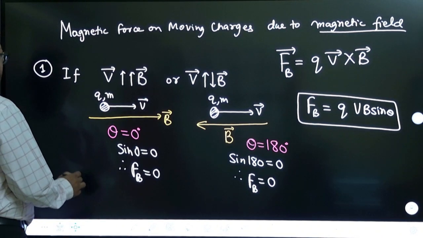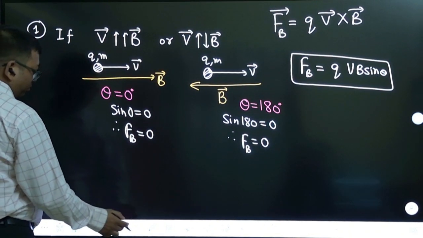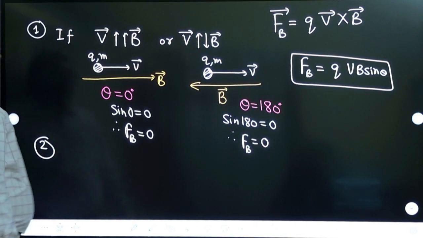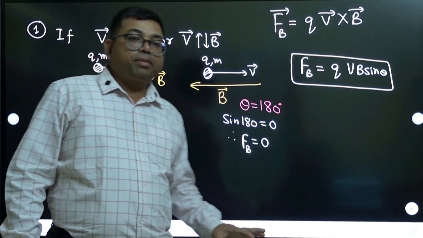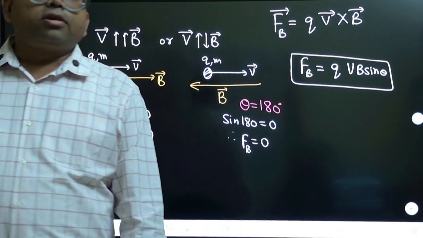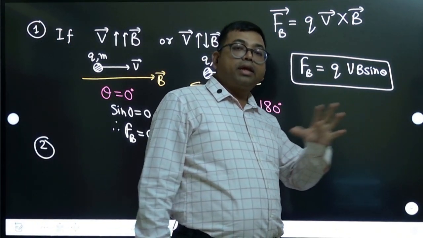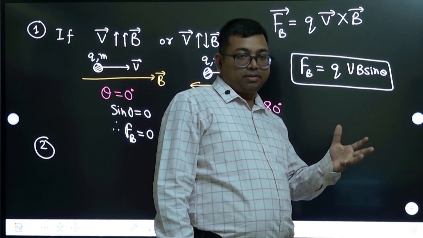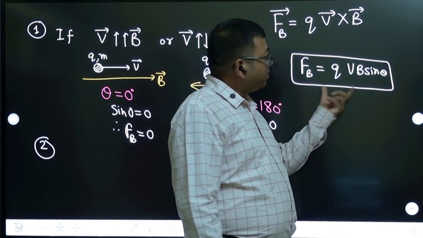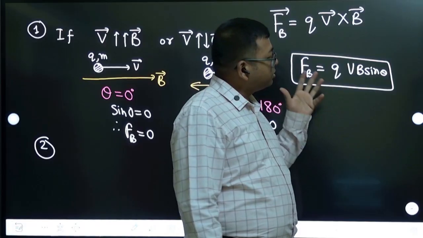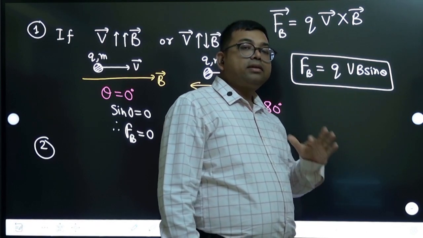Now second case, now we know that this magnetic force depends on sine theta, right? So if you want maximum force, then theta should be 90 degree, because sine 90 is maximum, right? So we can take a special case where the force is maximum, for that angle is 90 degree.